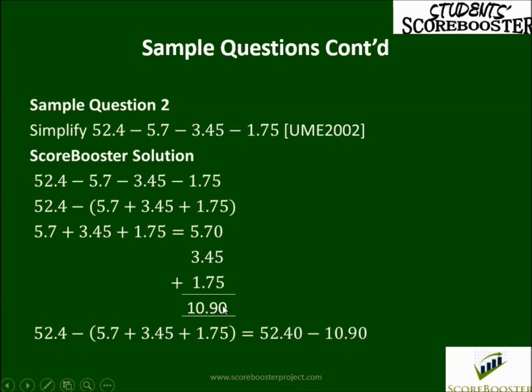You write the 0, you keep the 1, and when you add 7 to 4, you have 11, then plus 7, making 18. Then you add the 1 that you carried over, so you have 19. So you write the 9, then you keep 1. When you now add 5 plus 3 plus 1, you have 9, then you add the 1, so 9 plus 1 makes 10, so you have 10.90. Now you can replace the expression in brackets with 10.90.